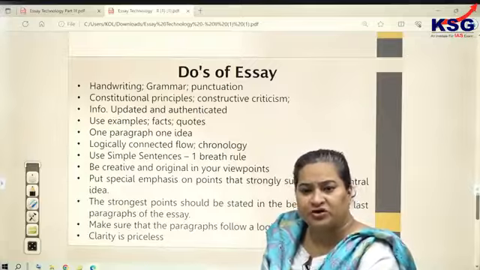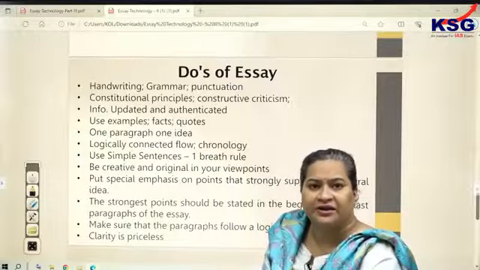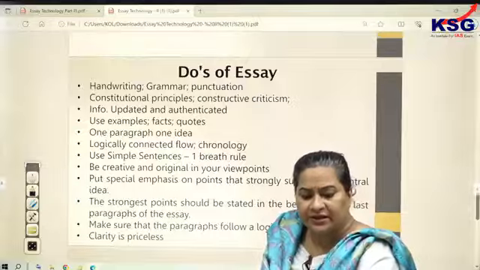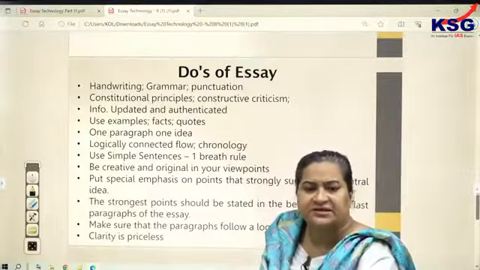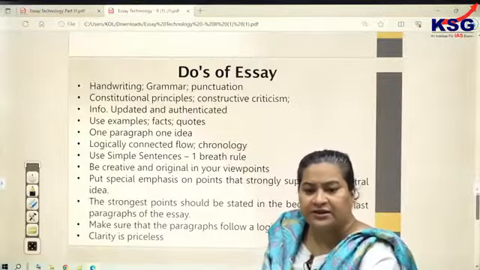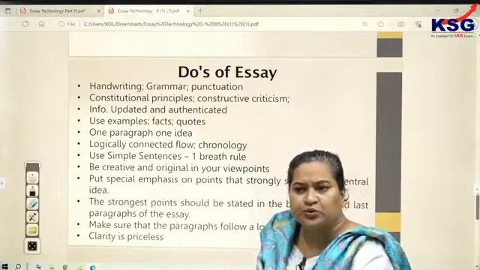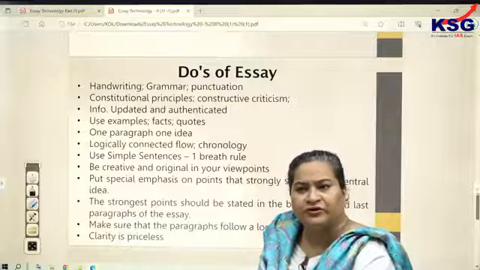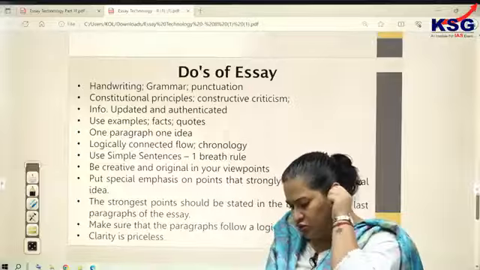After all that information, what is shared is the challenges, drawbacks or limitations related to the scheme. And after discussing all those limitations and challenges, suggestions or a way forward are given in the Yojana.